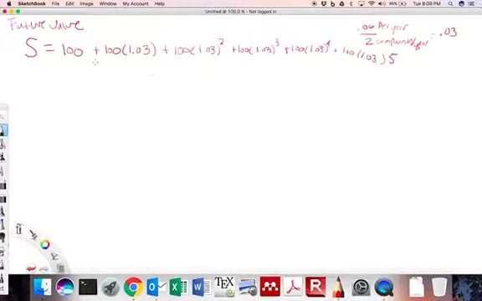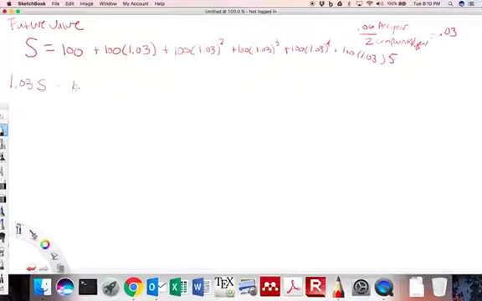And so you're like, well, that's very nice, Dr. Fisher. We already had that. But here is a really brilliant observation that someone way smarter than me made, is what if we were to multiply through, well, let me back up a second. Do you see that all of these terms, except this one, terms are separated by addition, have a 1.03 to some power? Well, let's multiply both sides by 1.03.